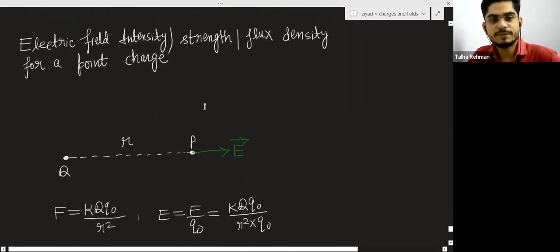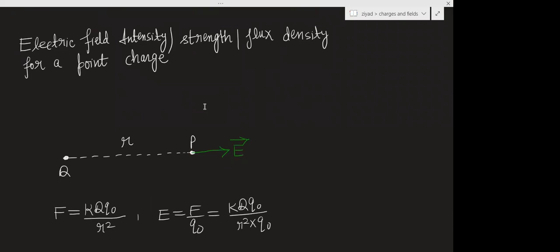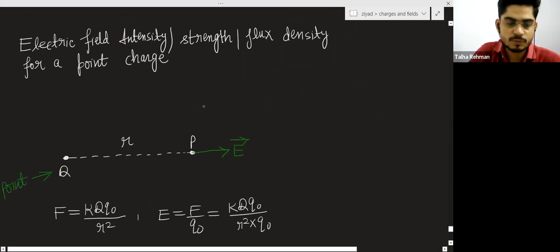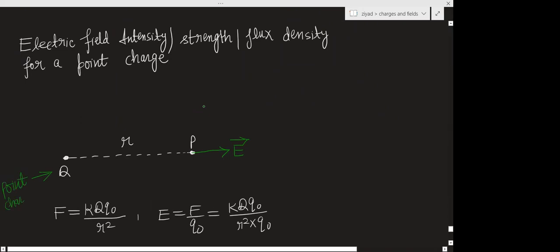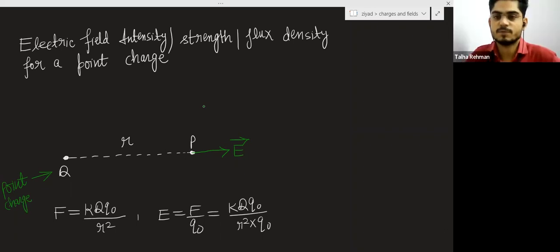After that, we have a topic. We want to calculate the electric field intensity for a point charge. For a point charge, I have told you, this is the point charge. Point charge means a very small amount of charge.